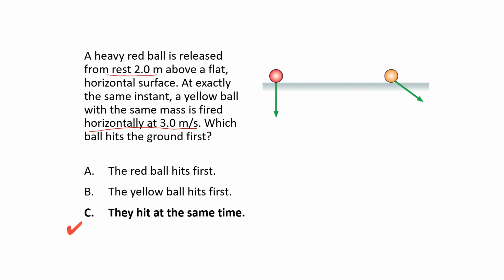Now you can use it. You might not know that change in y, and therefore you might have to figure out time using the horizontal value, but they're both falling the same y distance with the same initial y value, and with the same acceleration. And so therefore, it should take the same amount of time.